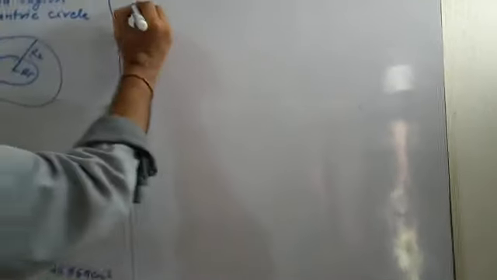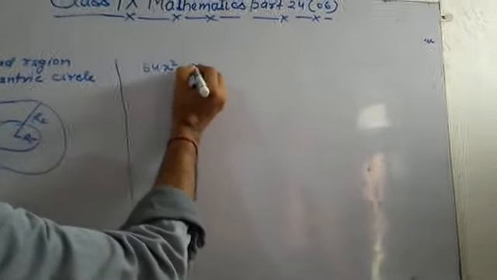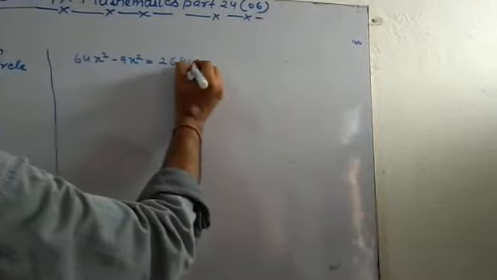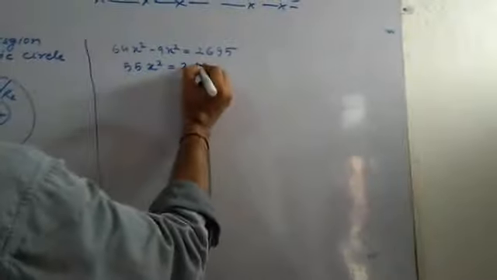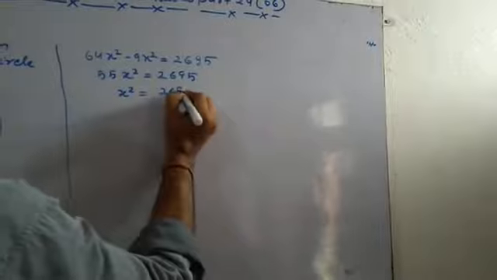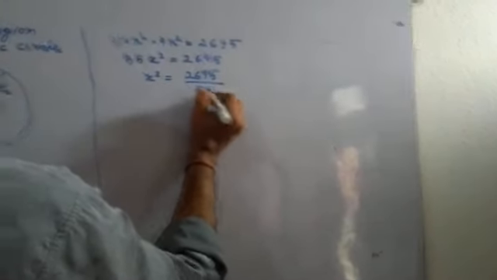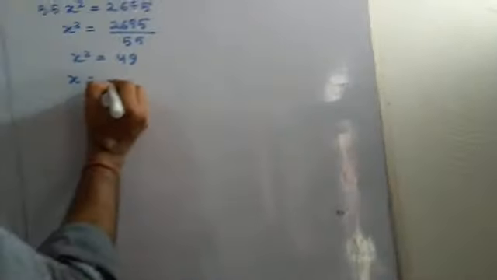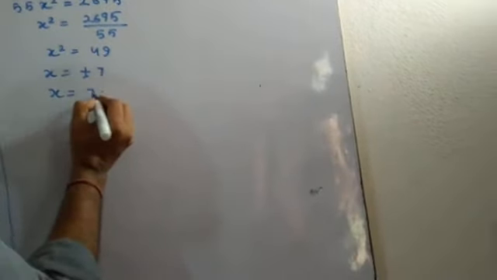That is 64x square minus 9x square equals 2695, or 55x square equals 2695, or x square equals 2695 divided by 55, x square equals 49. Therefore x equals plus minus 7, x equals 7.